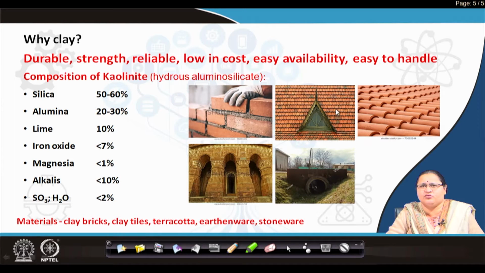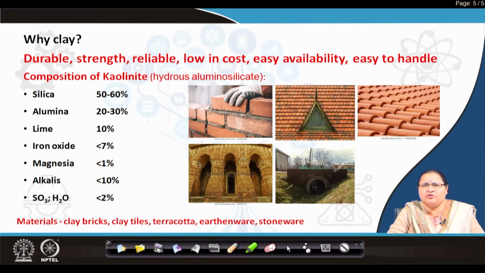You can see the two pictures differ, but more or less across the country we see brick as a rectangular block of unit. Other forms may be terracotta, which is again another kind of processed clay. We will enter into each of these items, and you can see a pipe below a culvert passing, and that is stoneware. Again, we have porcelain, we have earthenware.